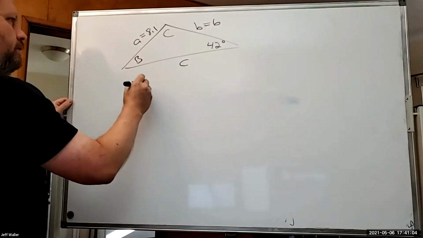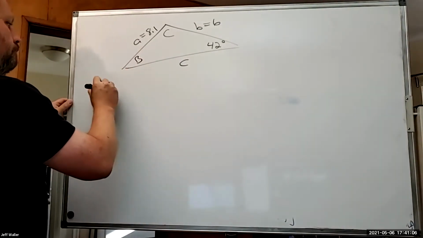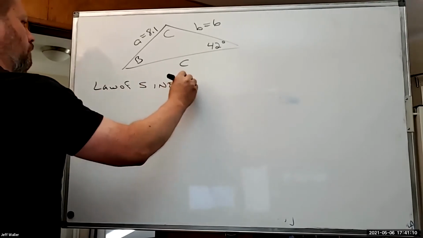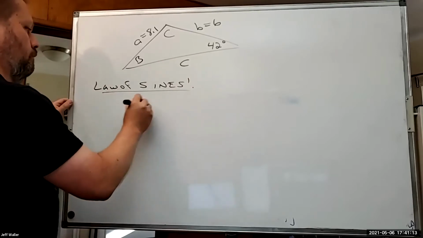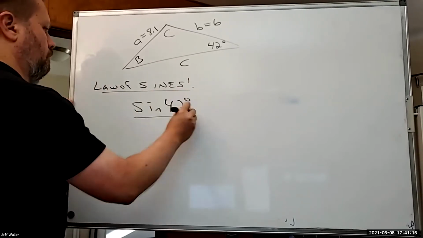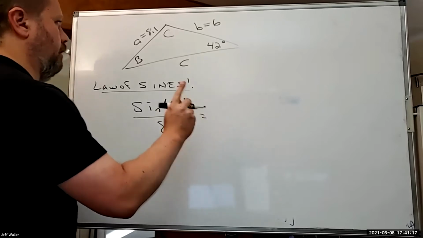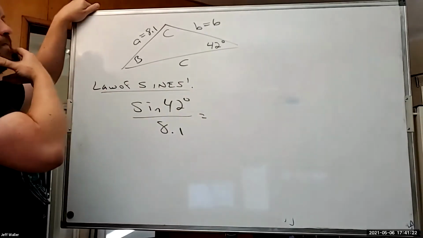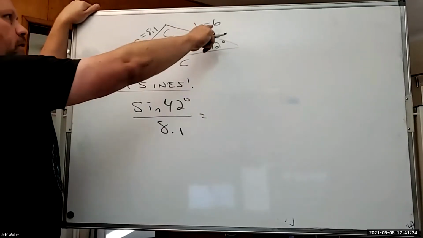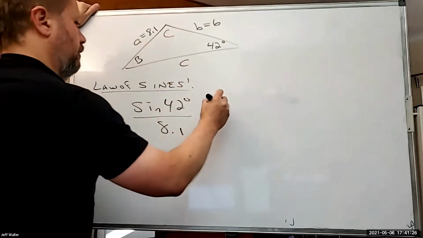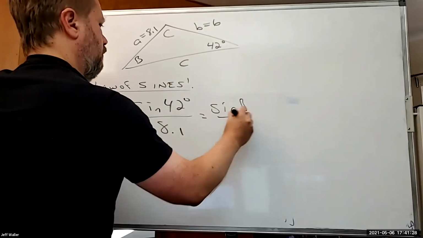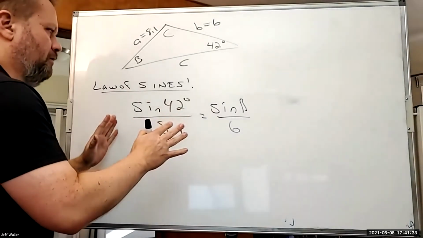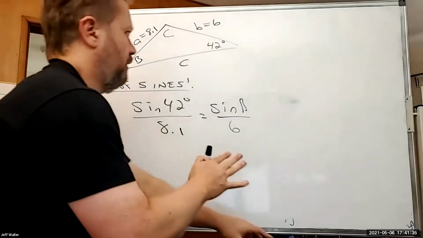So what's the ratio I can set up? Sine of 42 degrees divided by 8.1. And what's the angle that I have to find first? Sine of B over 6, because that's the only one I don't know anything about. Jeff, why will you never learn to write smaller and more concise?